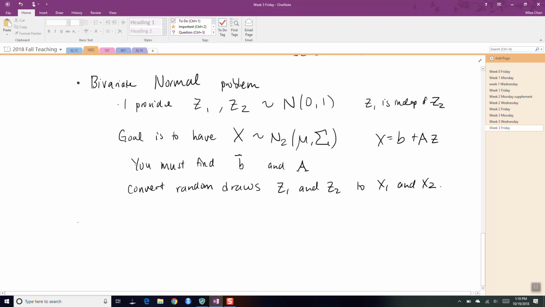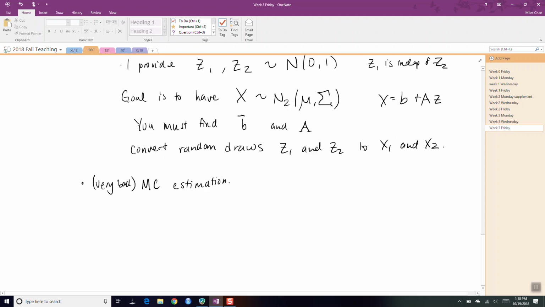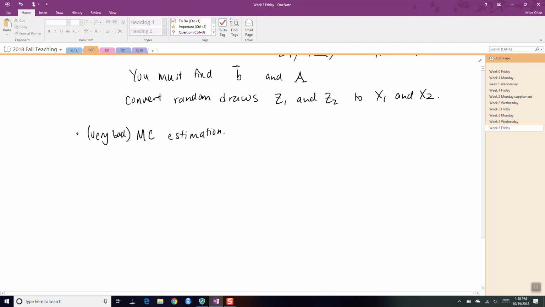All right, and then the last potential problem would be, I'll call this very bad Monte Carlo estimation. So you want the expected value of f of h of x.